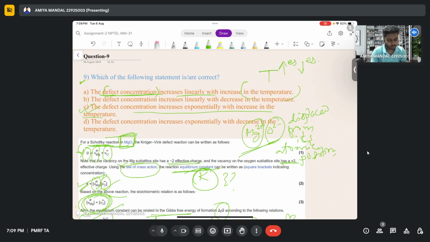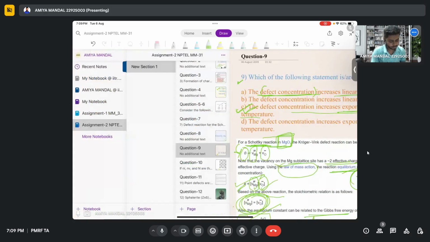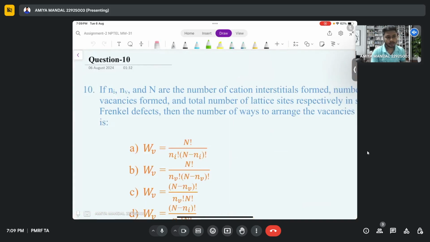That's why temperature increases the defect concentration, and it increases exponentially due to the effect of Gibbs free energy. The Gibbs free energy contribution must be there. We are moving to the next question, question number 10.